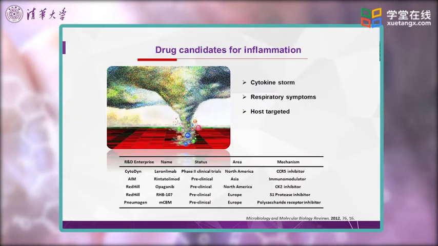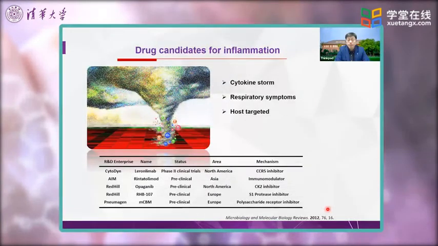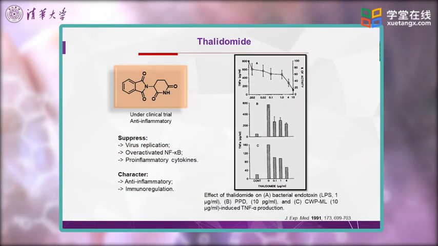There's also a drug candidate for inflammation that has been proposed for COVID-19 treatment. As we know, cytokine storm can cause serious symptoms for patients. And those serious symptoms have been found to target the host cell. Here we see the first drug, thalidomide.